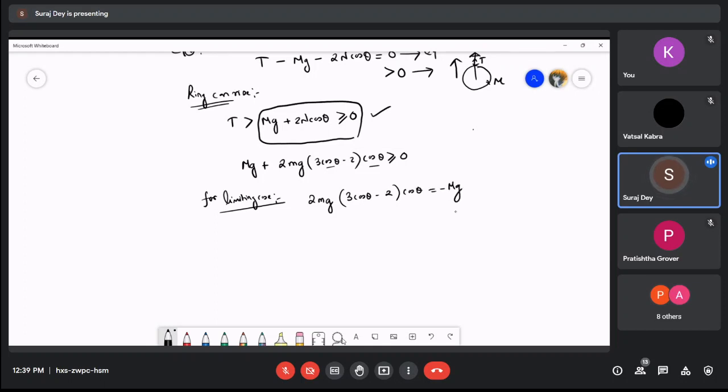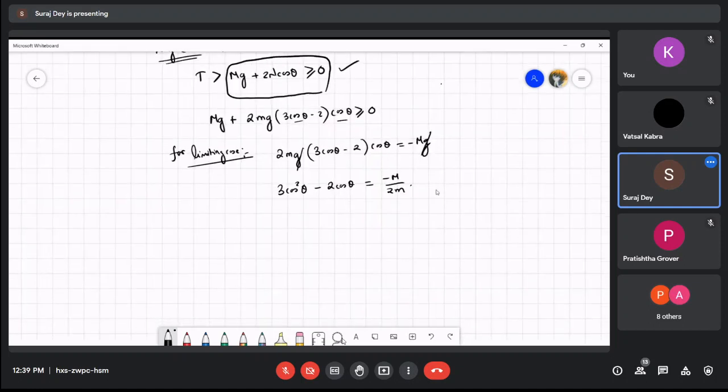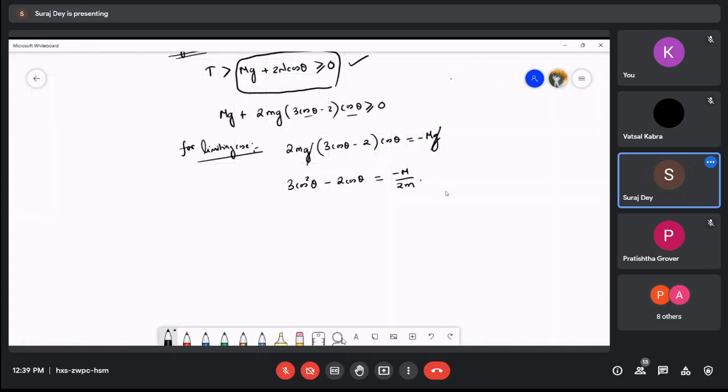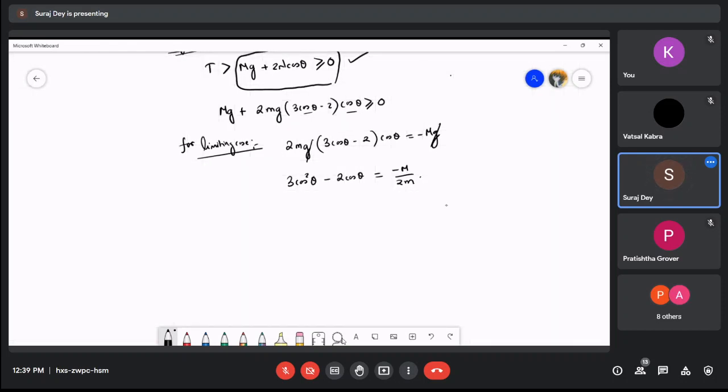So for that, we'll get an equation, and we can simplify now. We can cancel these things. So cos square theta minus 2 cos theta minus m over twice m equal to 0.